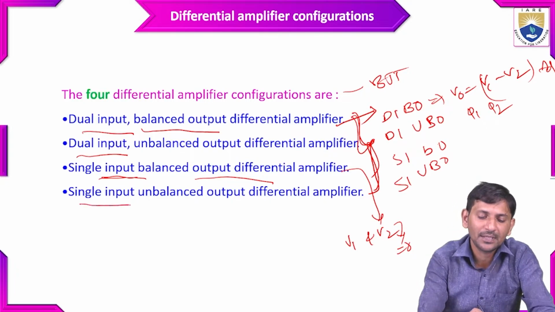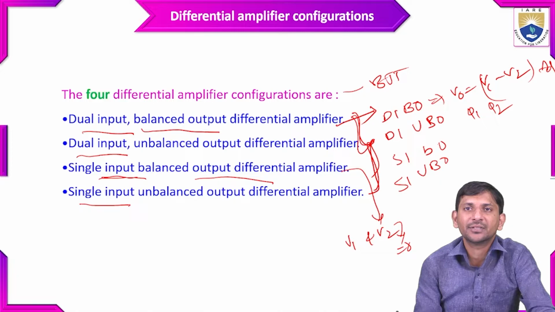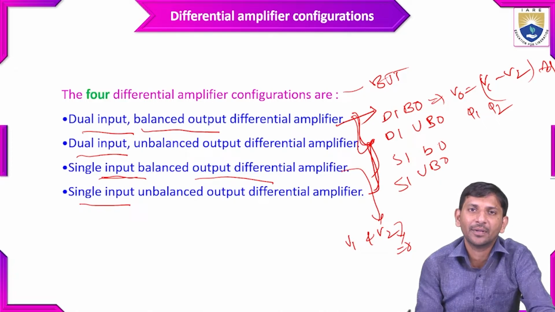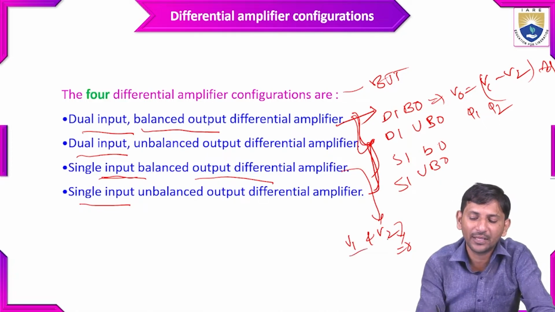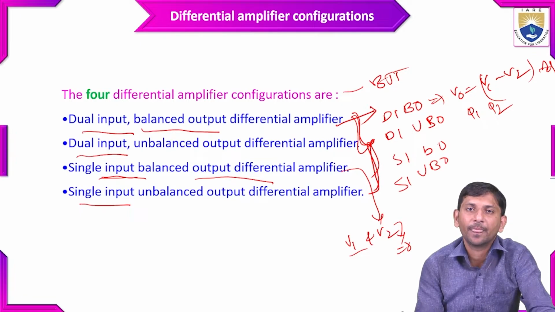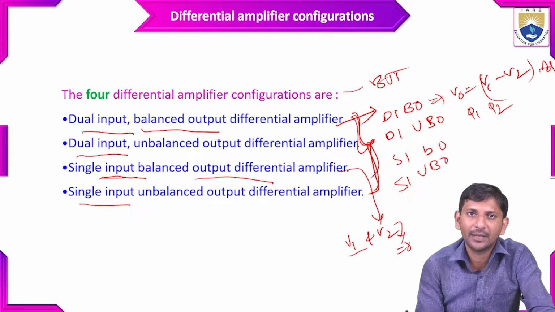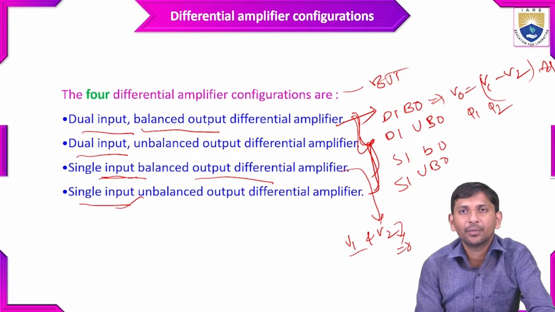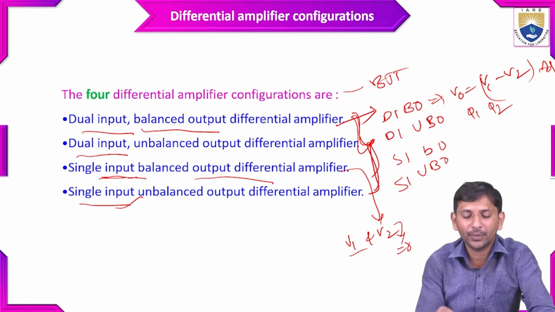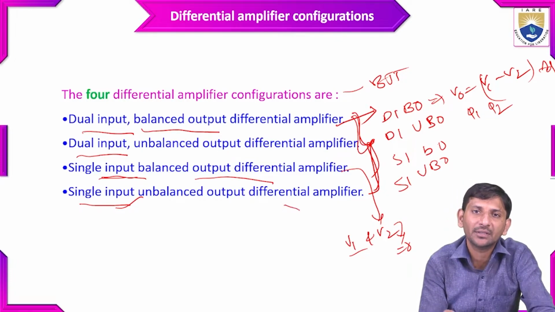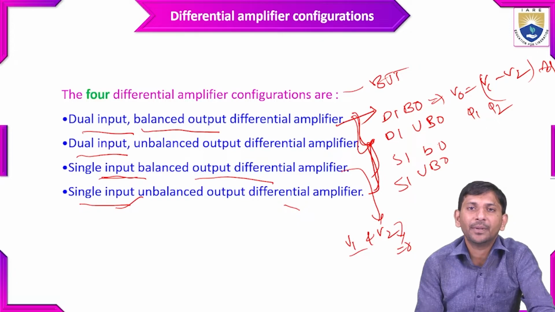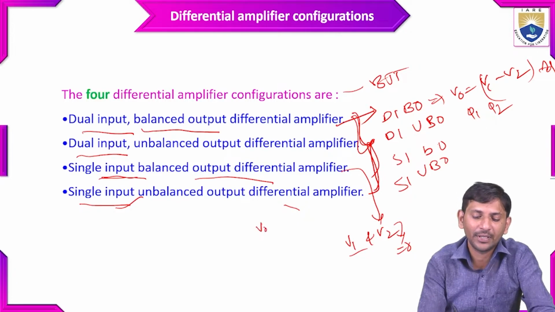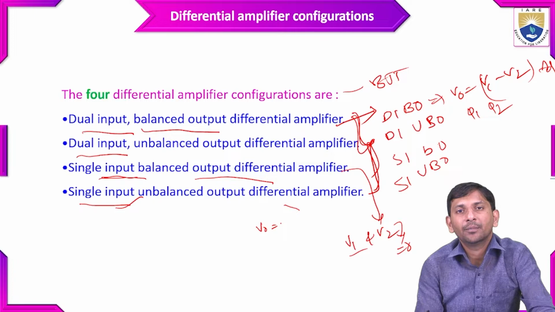Similarly, a single input unbalanced output differential amplifier means we apply one of the inputs out of V1 and V2, and the remaining input becomes grounded. We give that single input, but we observe the output across any one of the transistor collector pins, where we get an output that is a gain times the input difference.